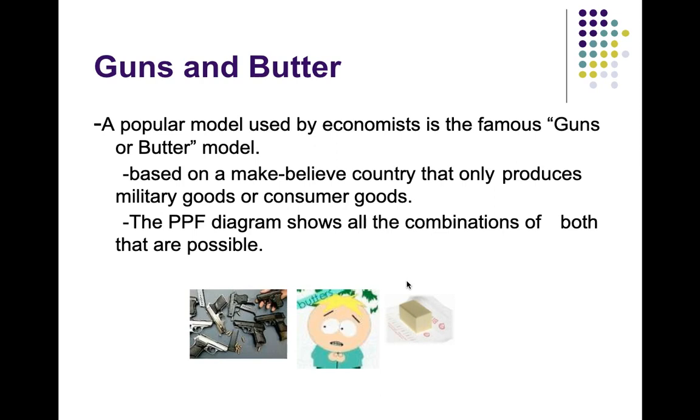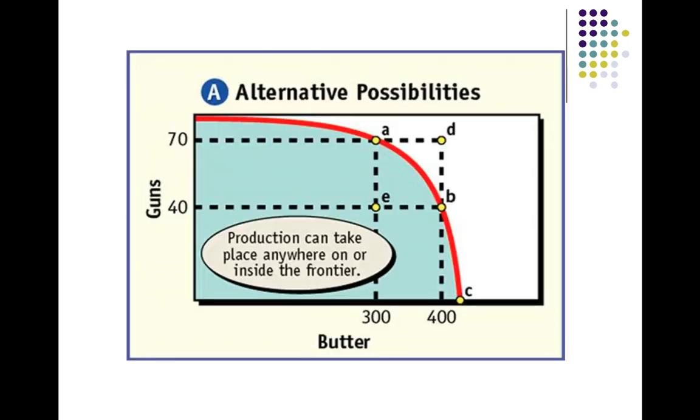You typically will hear about this as the guns and butter model. So economists use it a lot. And they're saying that we have a make-believe country that only produces military goods or consumer goods. And they're trying to decide, the guns would be the military spending and the butter would be the consumer domestic product. The PPF diagram shows all the combinations of both of these that are possible. And that's this example here.